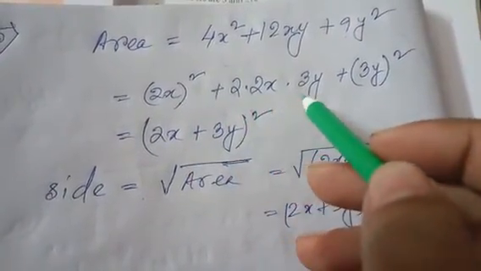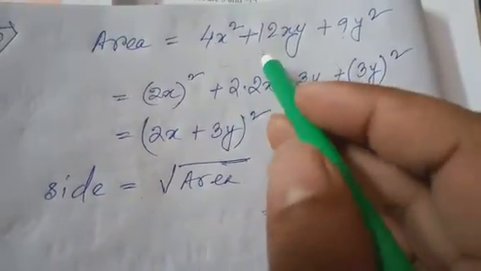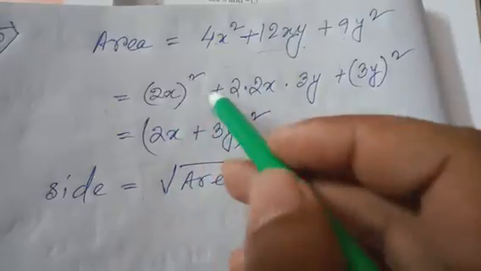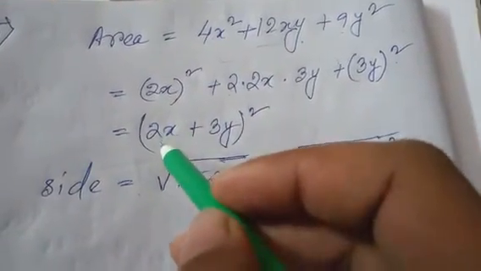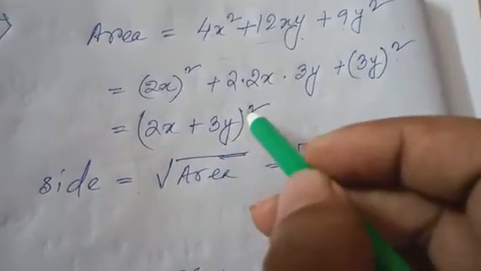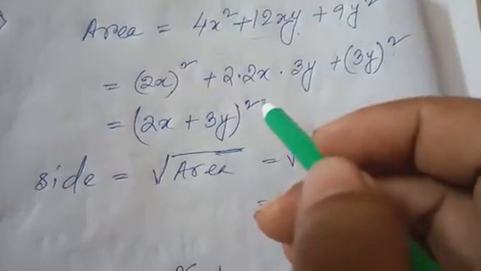So 2ab, multiplying by 3, we got 12xy. So it is a form of a square plus 2ab plus b square, and we get 2x plus 3y whole square, a plus b whole square.